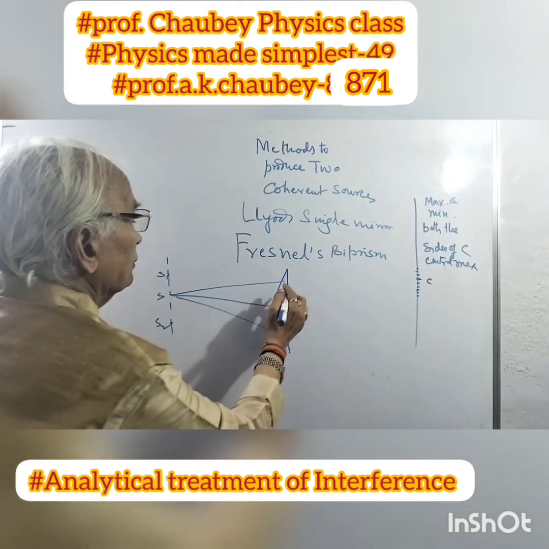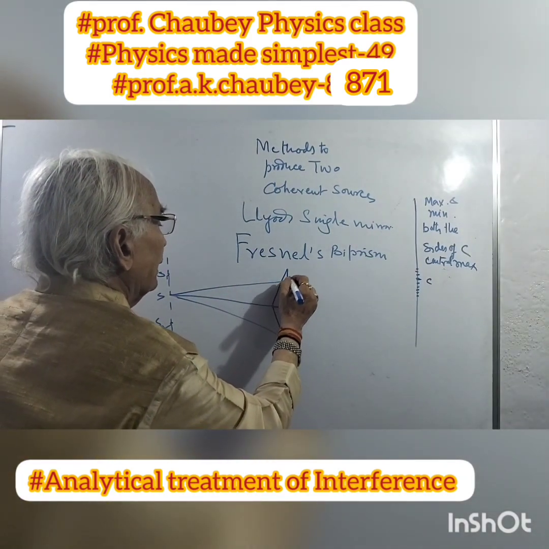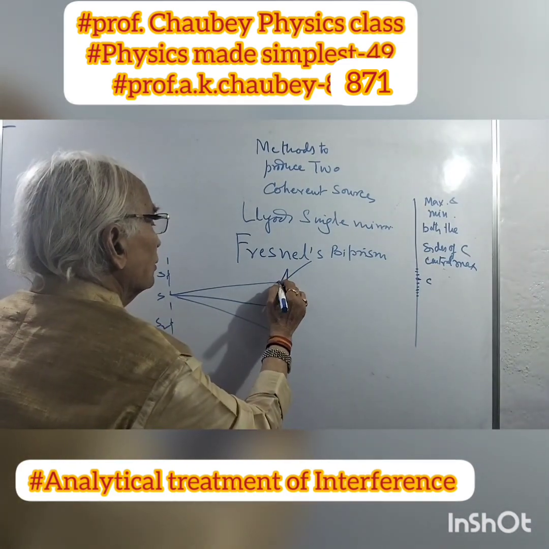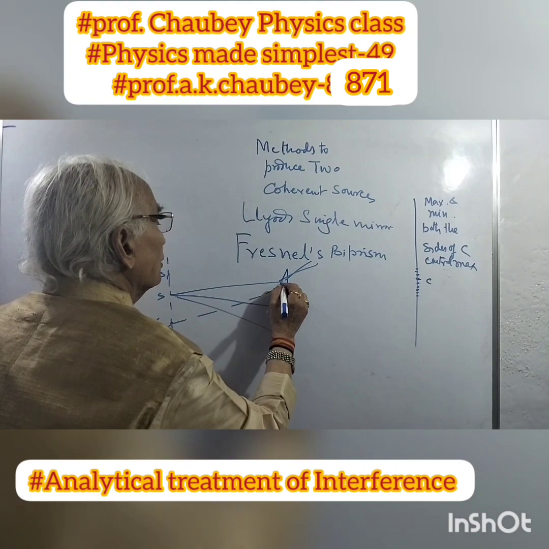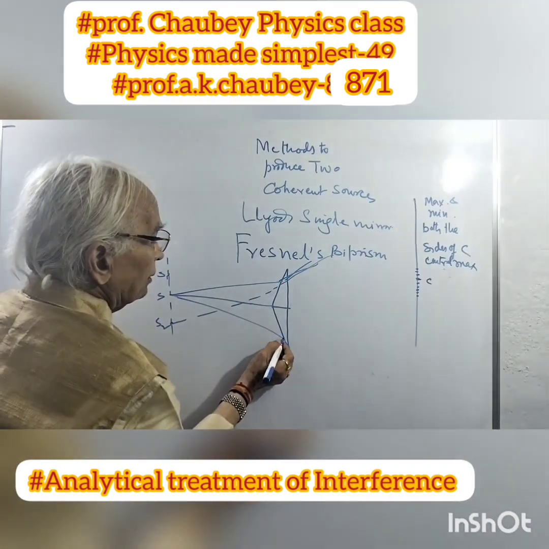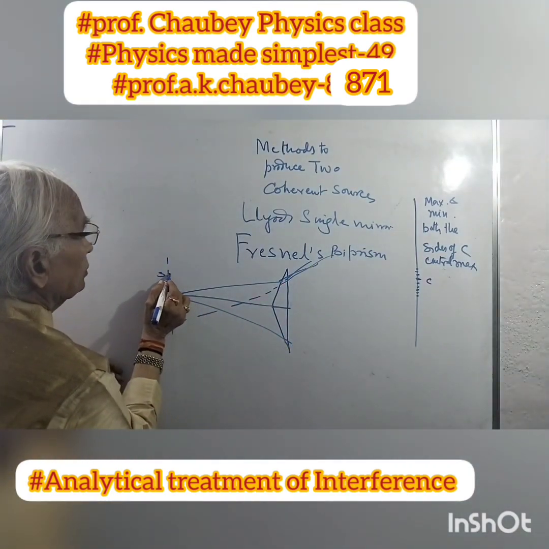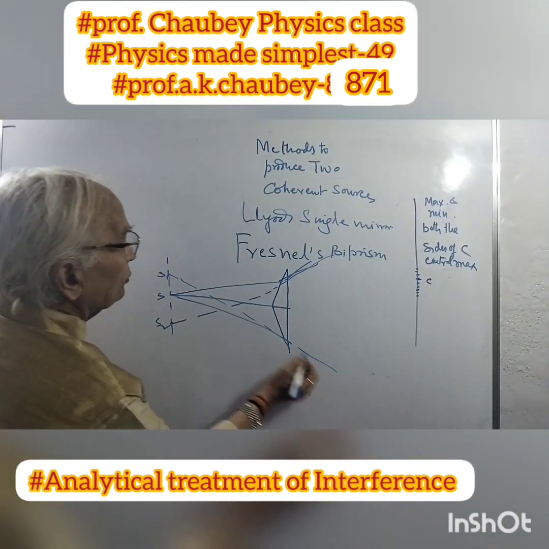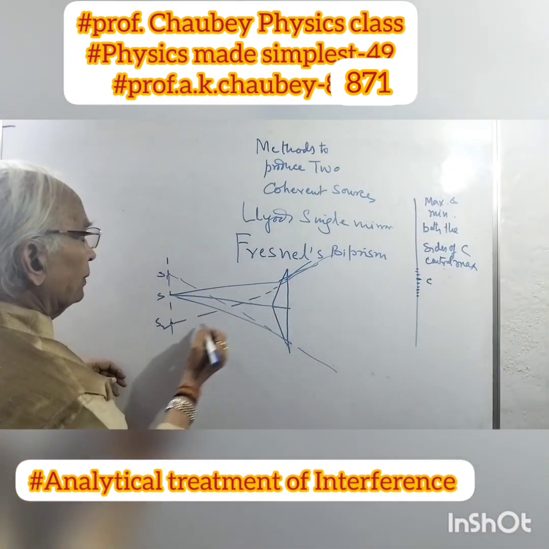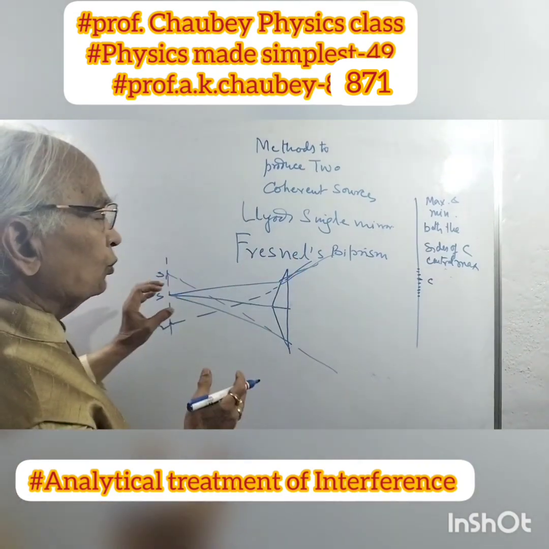With this, the light deviates and comes to the back side. This light here deviates and comes here, as if from this source. So on this back side, they produce two sources from one source.